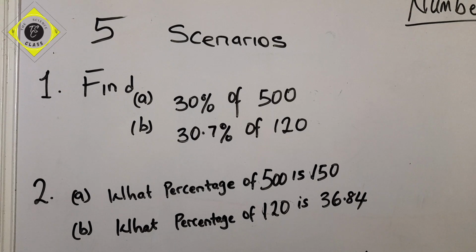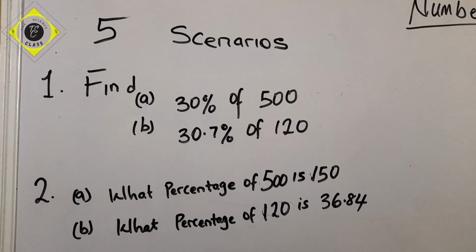I as well was confused when I was in college. I was confused when you're talking about percentage of a number, and then what percentage of a number is another number. So I want you to watch very carefully when I am solving the question.